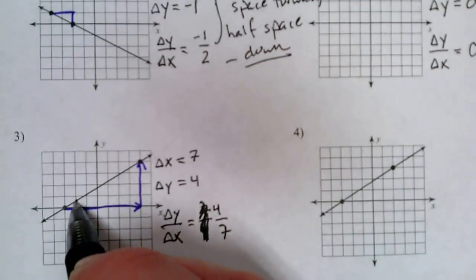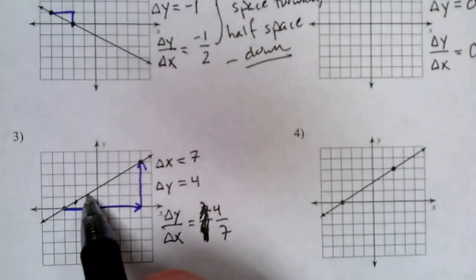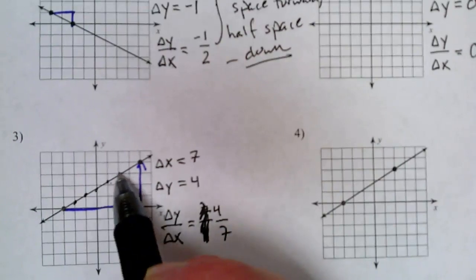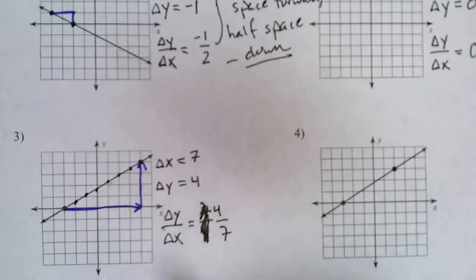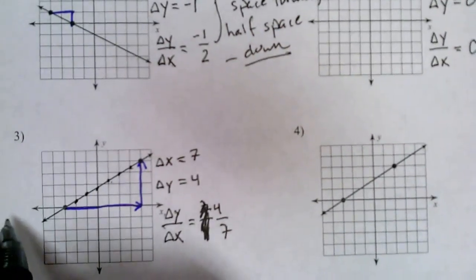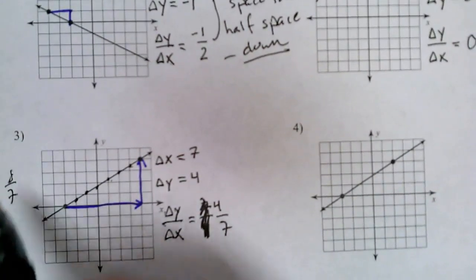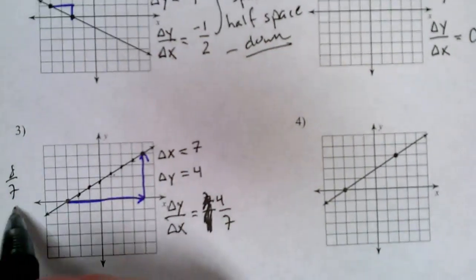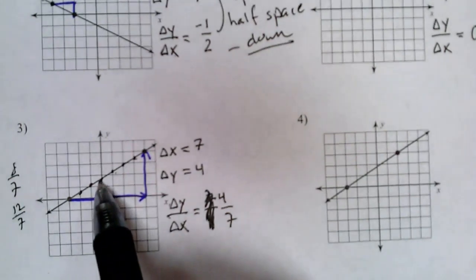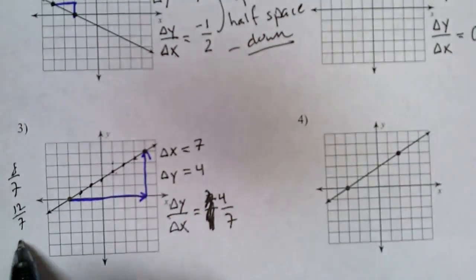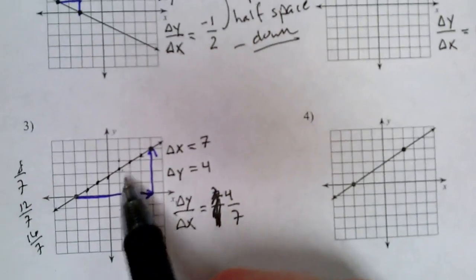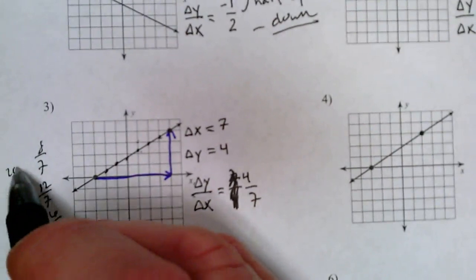So it's like, there's 4 sevenths, there's 4 more sevenths, and then up here I have 4/7, and then we next have what? 4 more sevenths. That makes 8/7. Then up here we've got 4 more. That's 12/7. And then 4 more to get up to here. That's 16/7. And up here, now we have 20/7.